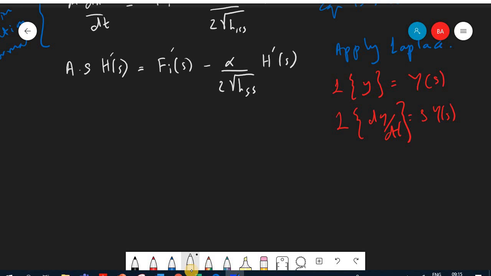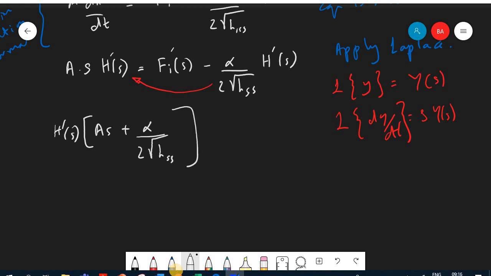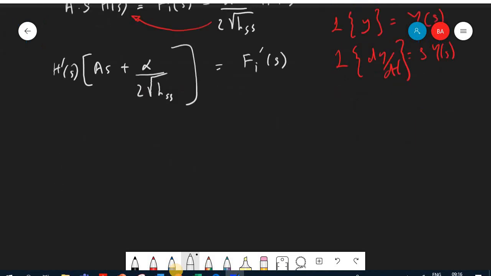So now we want to take h prime of s as a common factor, and if we take h prime of s as a common factor, this will be s plus, taking this to the other side, alpha over 2 square root of h at steady state, and my left hand side is left with the phi prime.